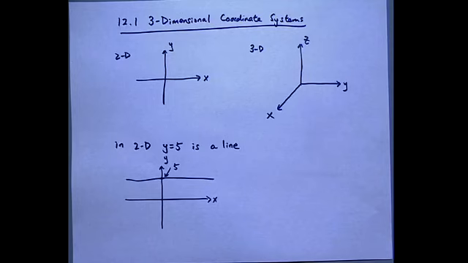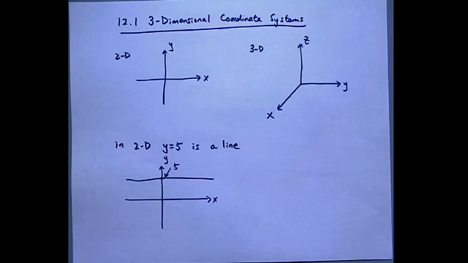Here's what we end up getting. This is y is equal to 5. So everything sitting on the x and y plane, that's y is equal to 5, right? So all of these dots I've drawn are all the possible points with y is equal to 5, but x can be anything.